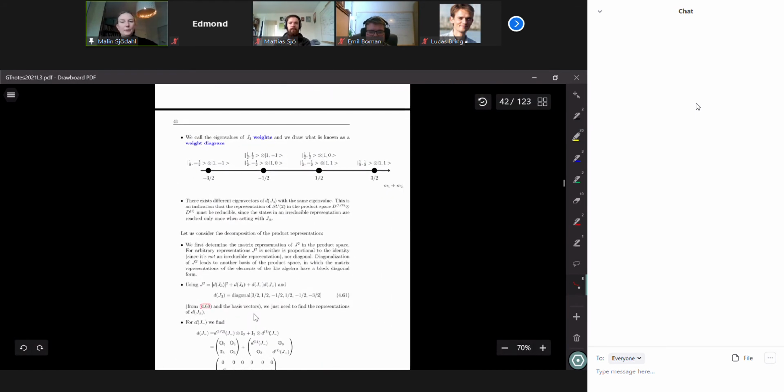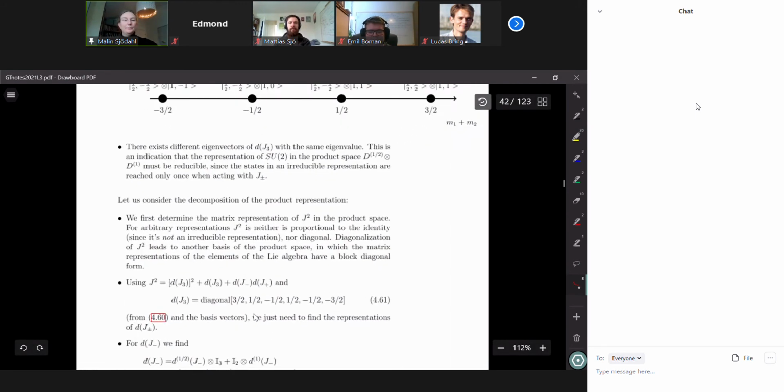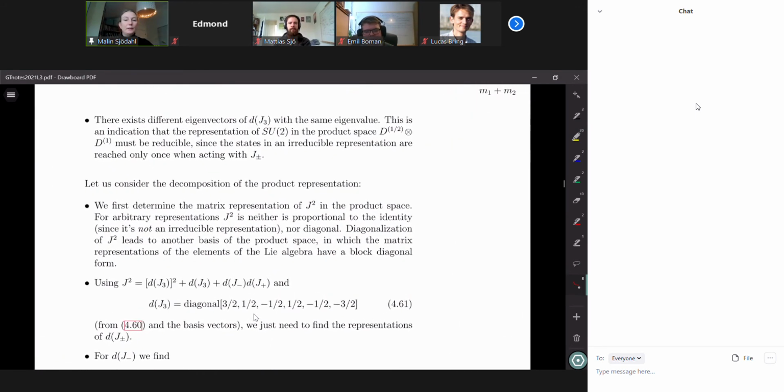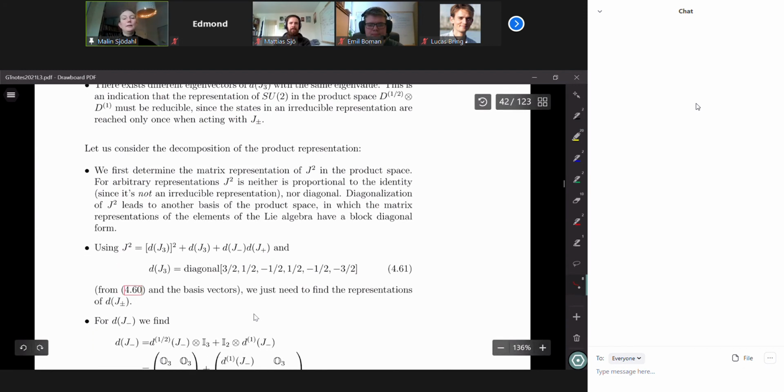Now we will do a lot of calculations here using this direct product space. So we want to consider the decomposition of this product representation. We want states that are eigenstates of this and of J3.